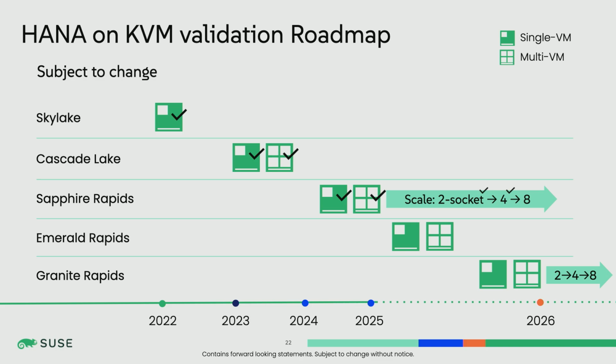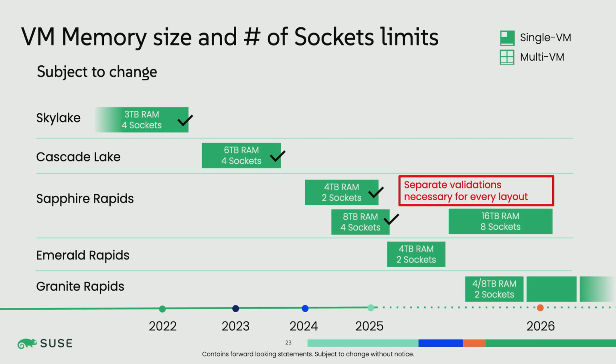Simultaneously, we're working on Emerald Rapids 2 sockets, as there are only 2 sockets, I think. And in the near future, we will work on Granite Rapids as well. From a socket size and socket amount and memory size perspective, it looks like that. Skylake was 4 sockets, 3 terabytes of RAM. Cascade Lake, 4 sockets, 6 terabytes RAM, both up to statements. On Sapphire Rapids, we completed in the last year the 2-socket 4 terabyte RAM validation and the 4-socket 8 terabyte RAM validation.